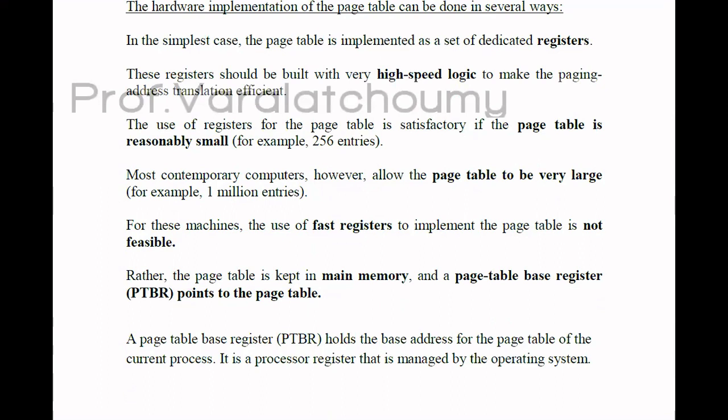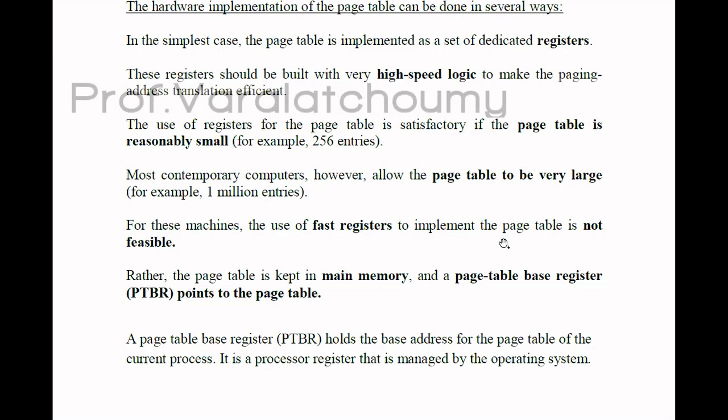Nowadays, since the memory size is very high and the processing speed is also multifold, obviously the page table size is too high. It is almost 1 million entries per page table, in which case normal registers wouldn't suffice. That's why, though fast registers are available, it's not feasible to store a huge page table.